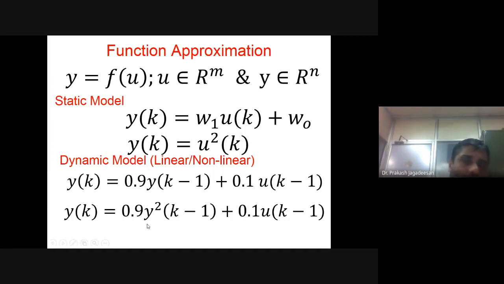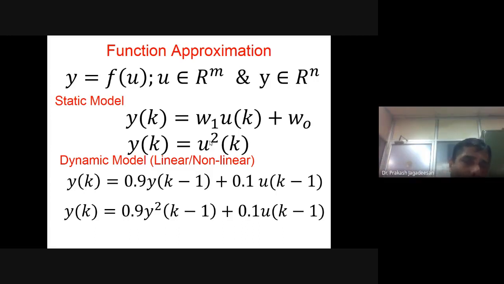For example, here 0.9 and 0.1 are considered as weights, which we will determine through training. By training, what I mean is we want to estimate the coefficients of y of k minus 1 and u of k minus 1, y squared of k minus 1 and u of k minus 1. So our interest is to find w1, w0, given inputs and outputs.